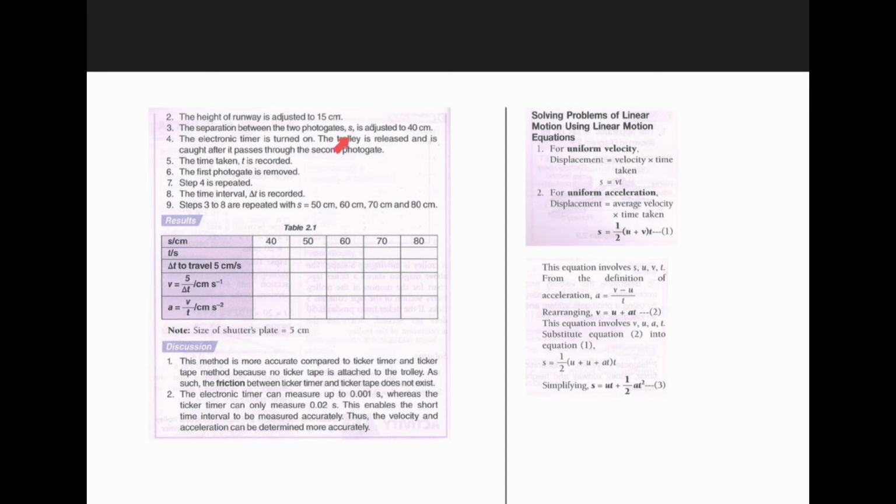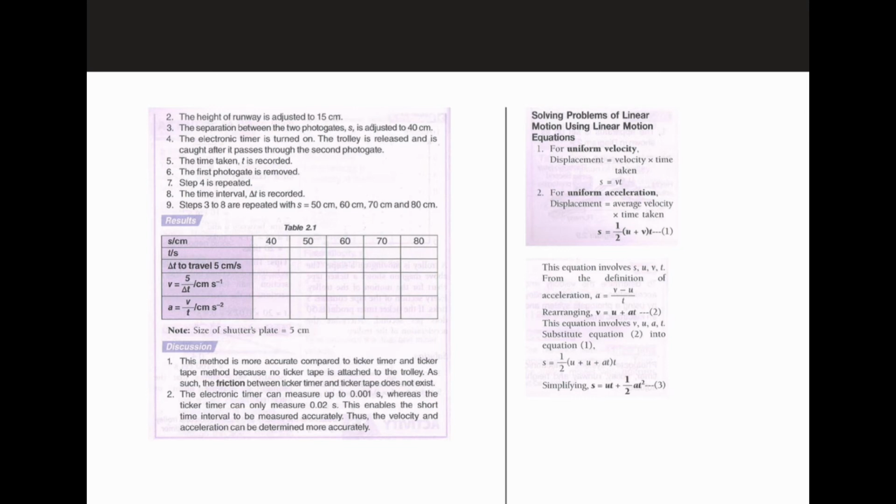The displacement of the trolley is 40 cm. Number 4, the electronic timer is turned on, the trolley is released and is caught after it passes through the second photo gate. So we catch the trolley after it passes through the second photo gate so that it doesn't go to elsewhere. Okay, so number 5, the time taken T is recorded.